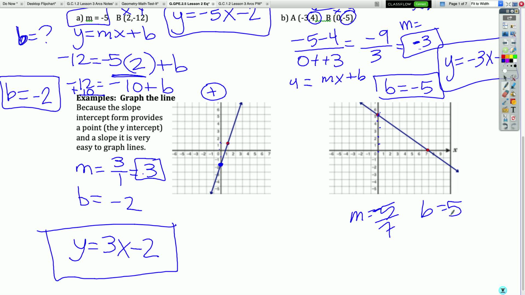Okay. So I'll give you a second to write your equation of that line. Zach, did you get it? Other Zach, did you get it? I got it. What'd you get?